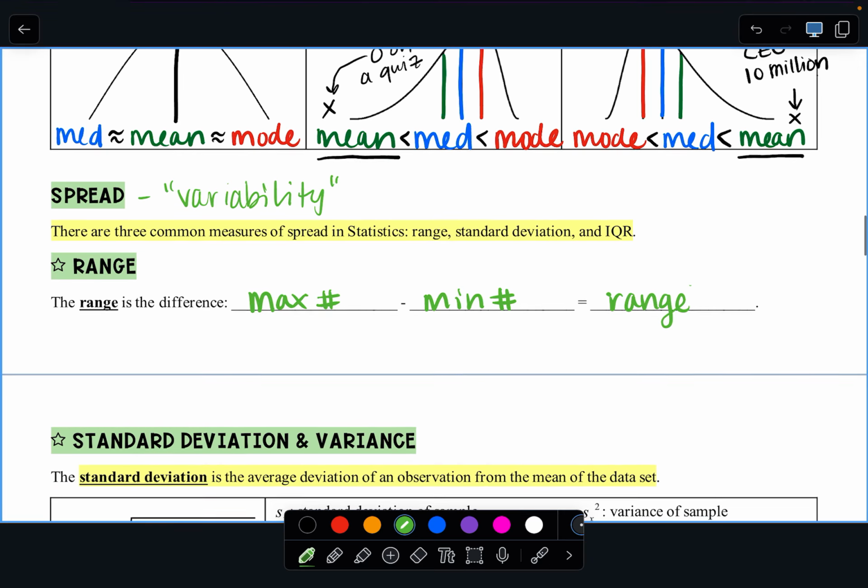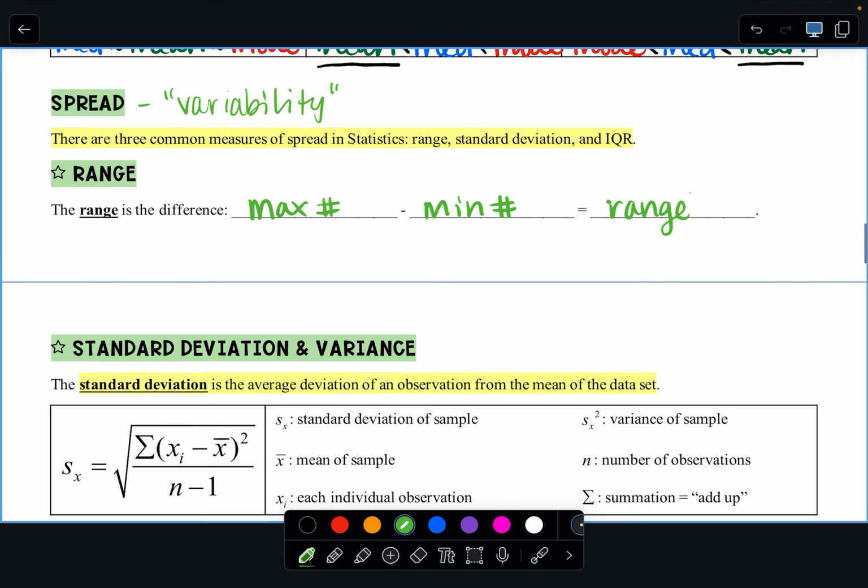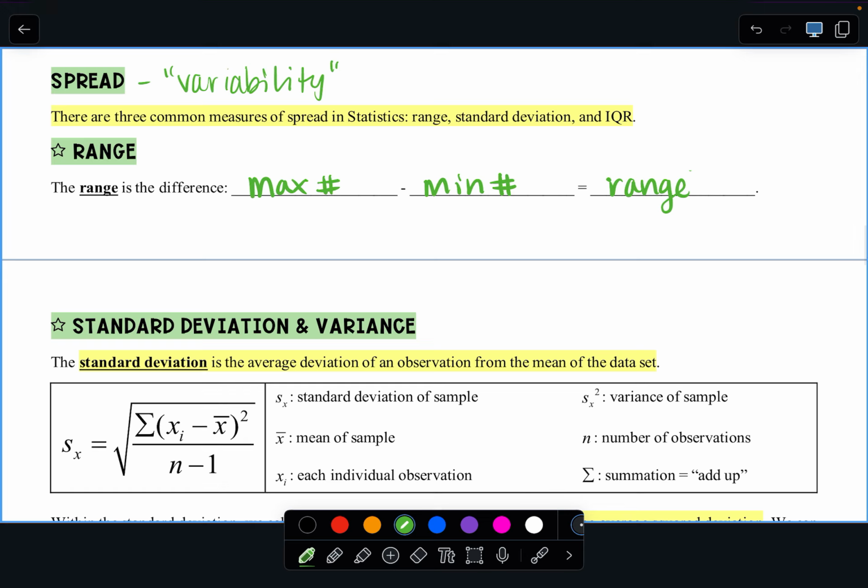One of the ways you've talked about spread before in other classes is with range. That's the max number minus the min number. Generally, I will throw this in as a piece of information when I'm describing a distribution. However, it's not the only thing I would mention.